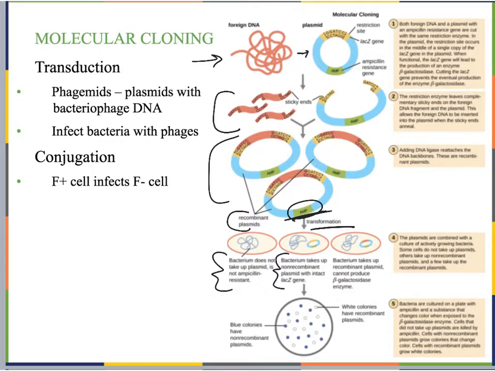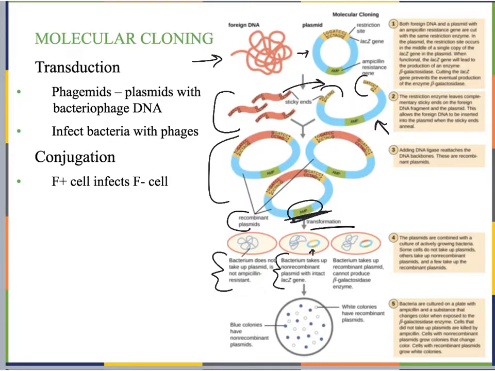But in this case, you can see it doesn't have any red, and that's because for whatever reason, remember that when it's cut up here, these sticky ends really want to attach. So maybe they just attached right back together and then stayed together as its regular plasmid. They didn't get any of this DNA over here. So then we have some bacteria that take up the non-recombinant plasmid, so the LAC-Z gene is intact.